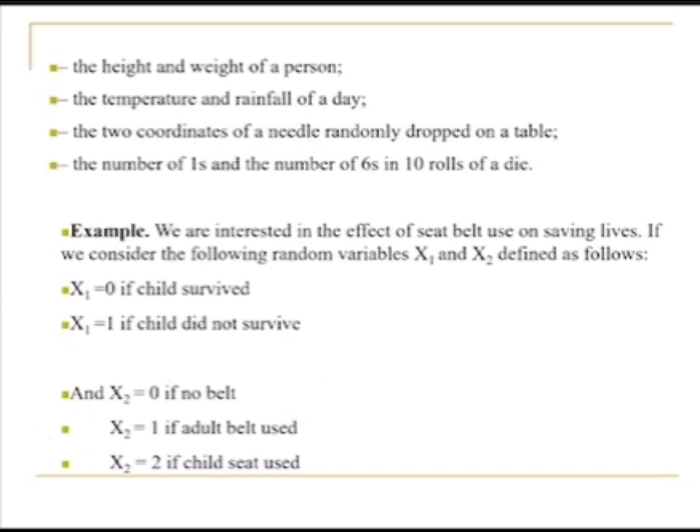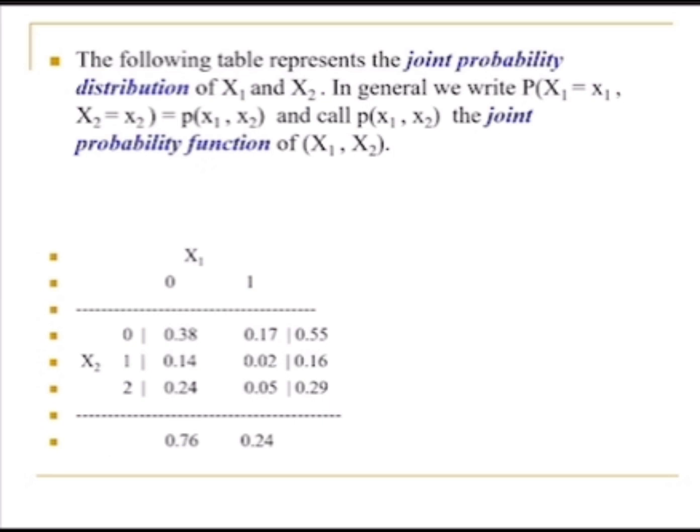X1 equal to 0 means the child survived, and X2 equal to 0 means no seat belt was used. That is what it means. Any question about other values in the table? 0.38, 0.17, 0.14, 0.02, 0.24, 0.05. Those represent the different combinations of the levels of the two variables.